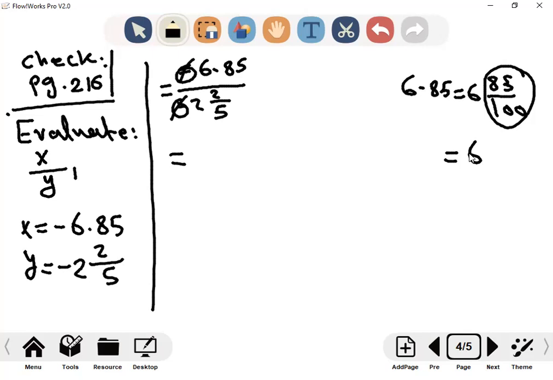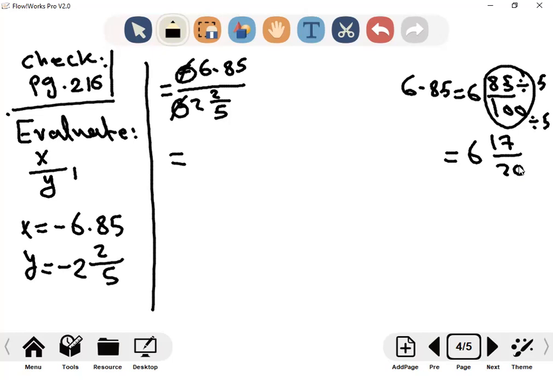You can simplify before you multiply, right? 85 over 100, you can divide up and down by what? You can deal with 85 and 100 better than dealing with 685, right? So divide up by 5, divide down by 5. It will be 6 and 17 over 20. See, it's better for you, right?